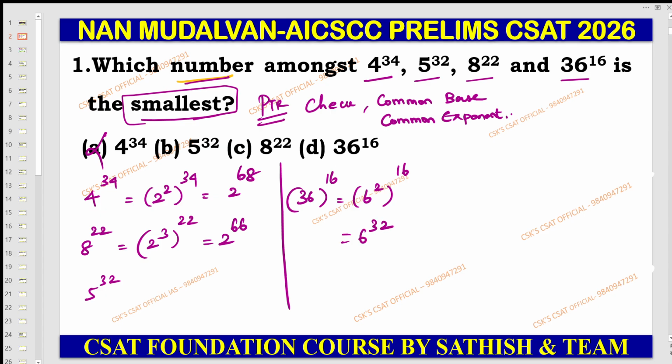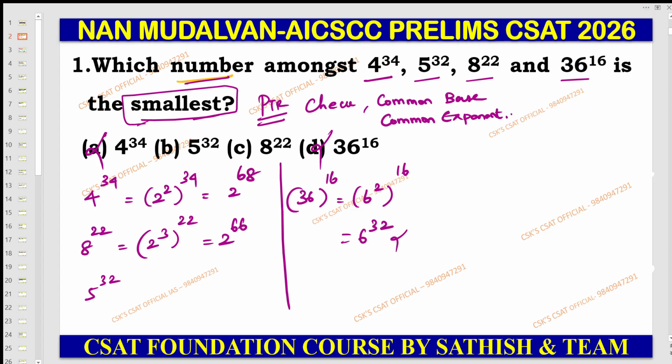Now comparing 5 power 32 and 6 power 32, as I mentioned, when you convert in terms of the same power or same exponent, you have to check the base. The base 5 is lesser than 6, because you ultimately need to focus on the smallest one. So therefore 6 power 32 is the greatest, which is 36 the whole power 16. So try to eliminate 50 percent.